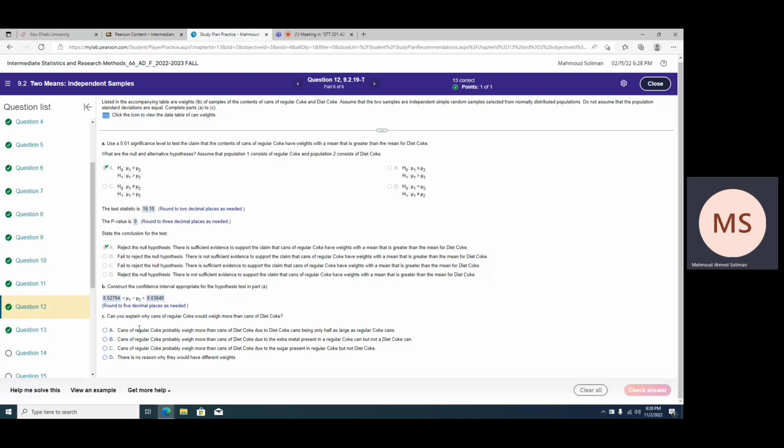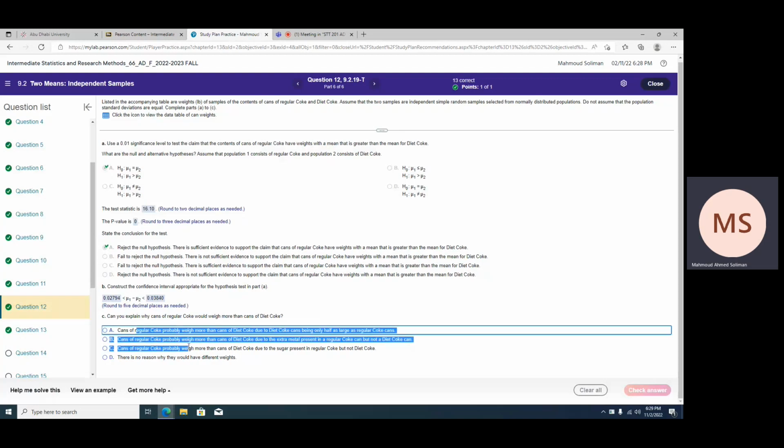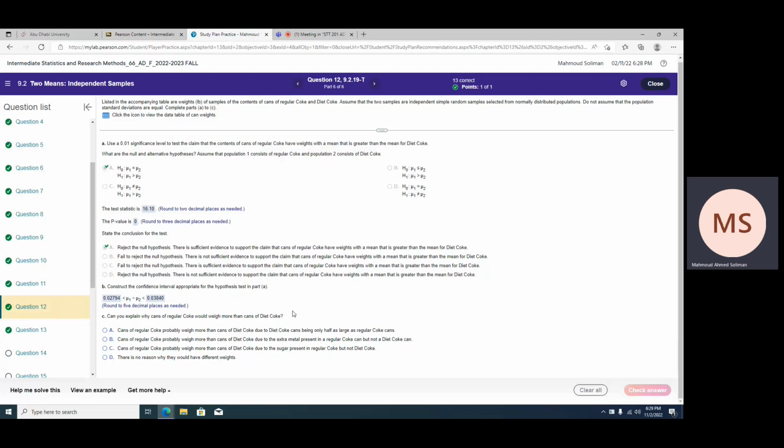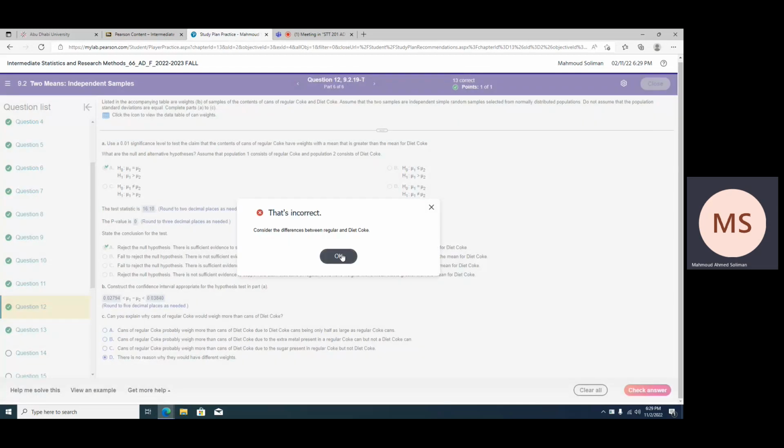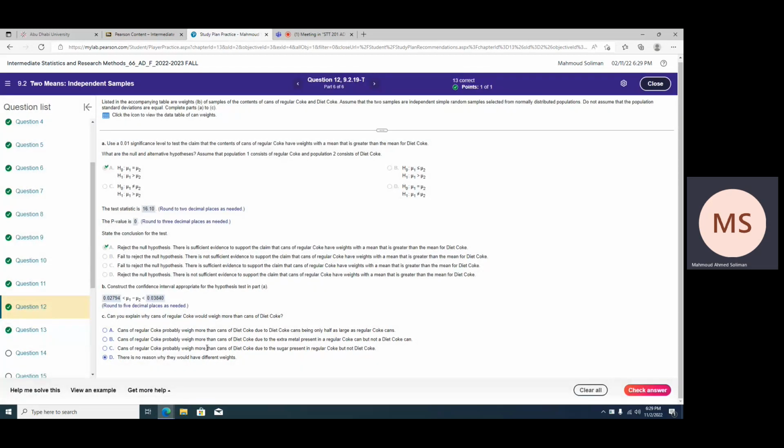I think it's C. We don't really have a reason. It could be sugar, it could be metal, it could be the size itself, but we don't know why. I think it's from the sugar.